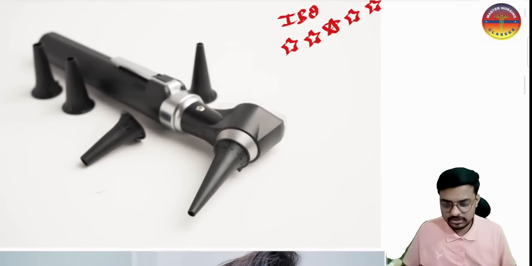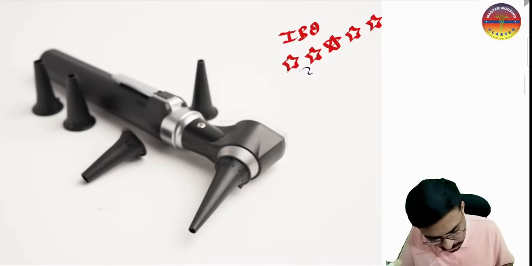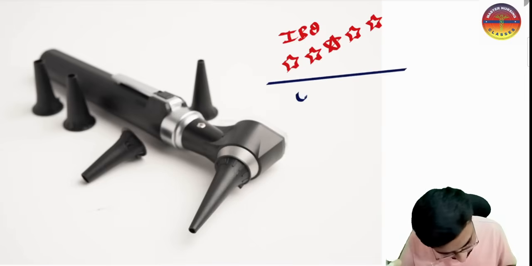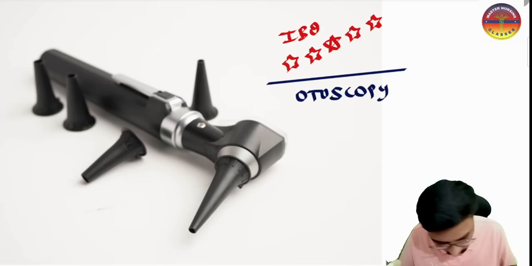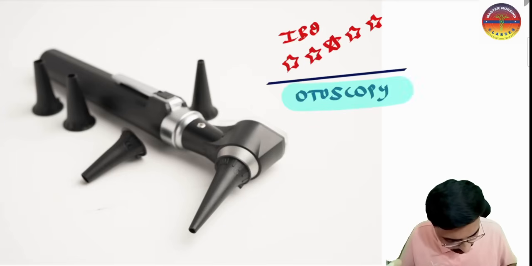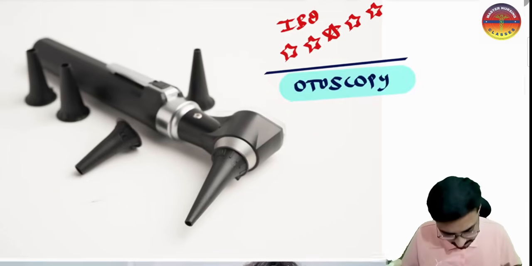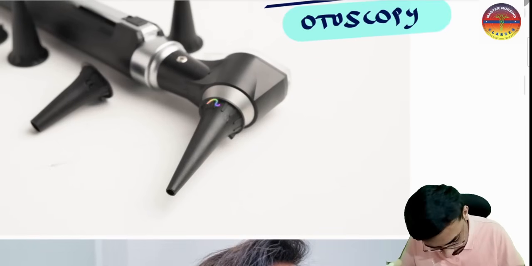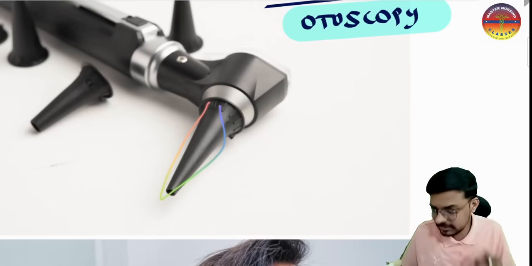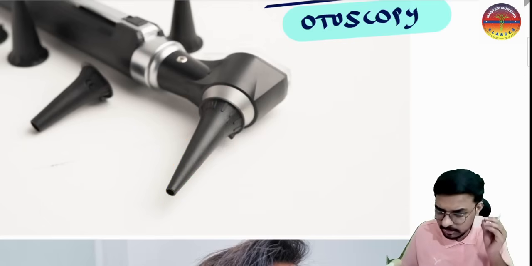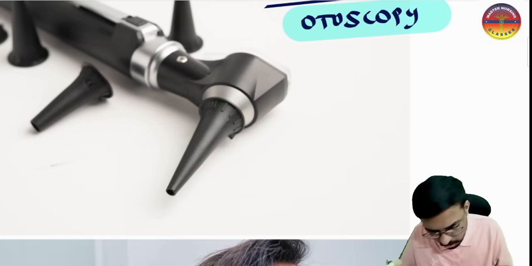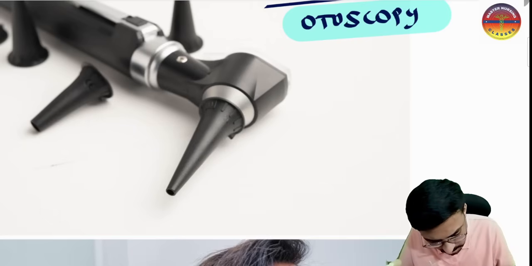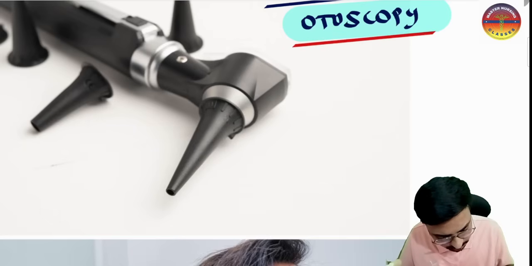This one is the otoscope. In front of the otoscope we attach this particular sharp object. This is to see the inner portion of the ear perfectly. So the otoscope is used for the visualization of the ear.